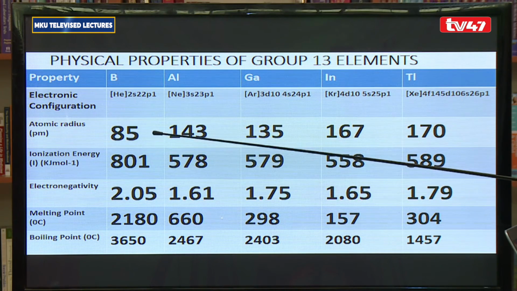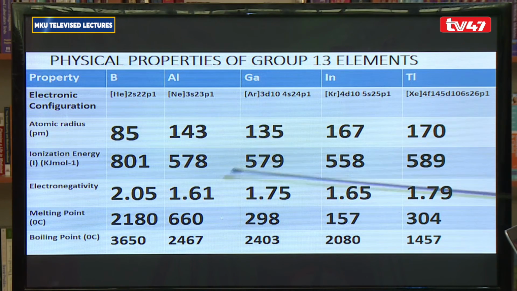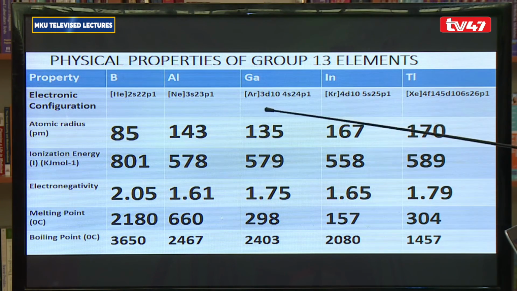Between boron and aluminium, there is the normal increase in atomic radii because of the increase in the number of electrons and the number of energy levels. However, between aluminium and gallium, in gallium we are filling in the 3d.